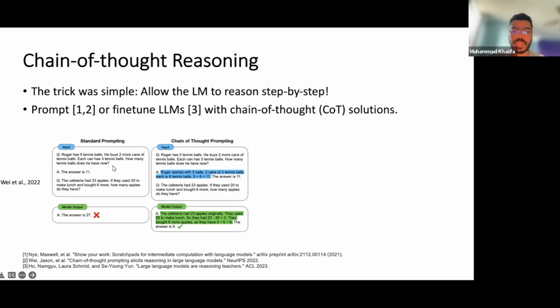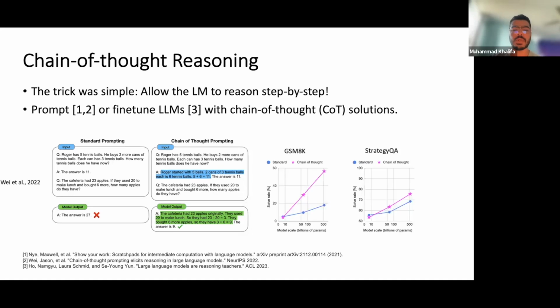With chain of thought prompting, you give the language model the question and then a series of steps or a scratch pad of some sort, where the language model will be able to reach the final answer this way by reasoning step by step. And this has been shown to dramatically improve performance on a lot of tasks because the language model was able to reason step by step as opposed to just outputting the final answer right away.